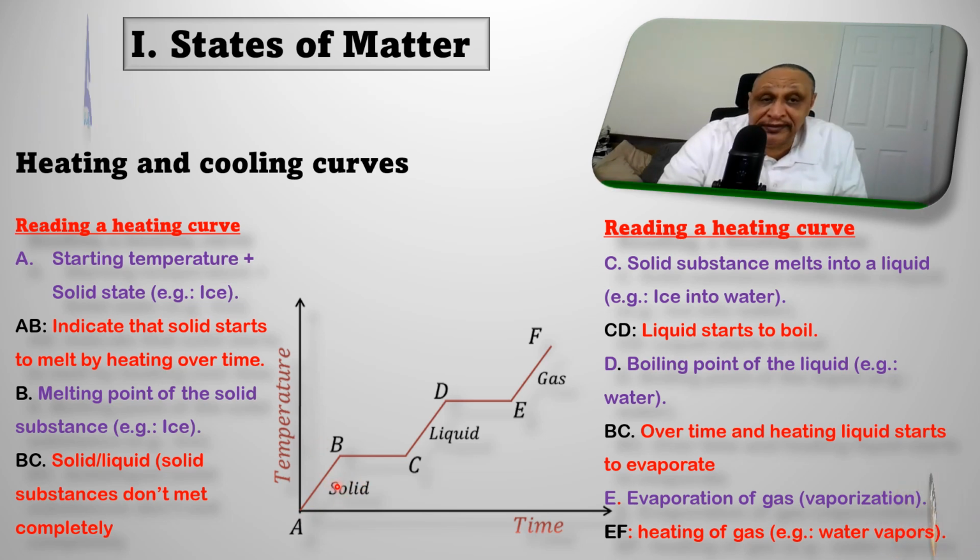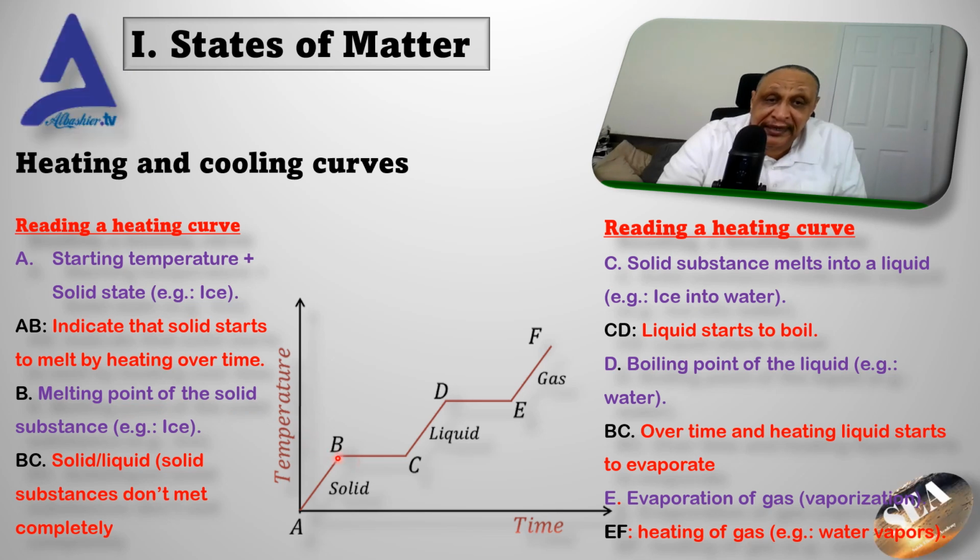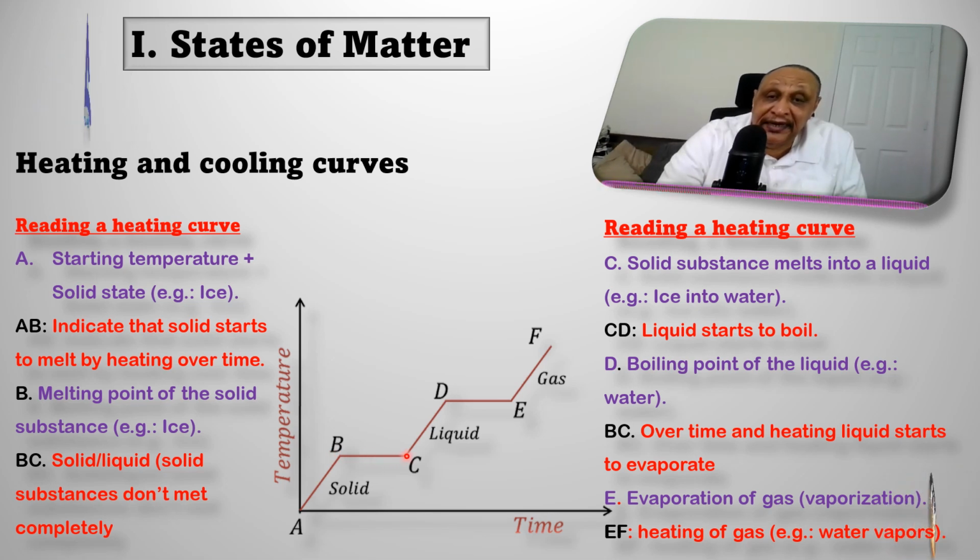For example, ice. Here, AB indicates that the solid starts to melt, and at B is the melting point. Then in the transitional phase we have some solid and liquid, and then we have only liquid, with no solid.